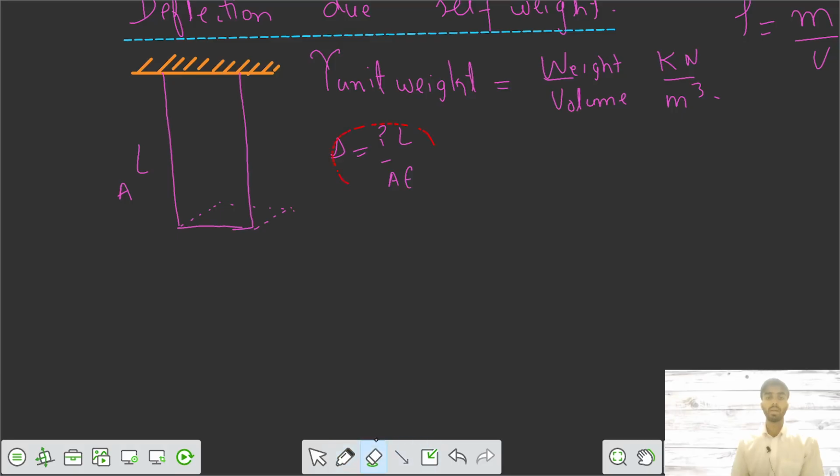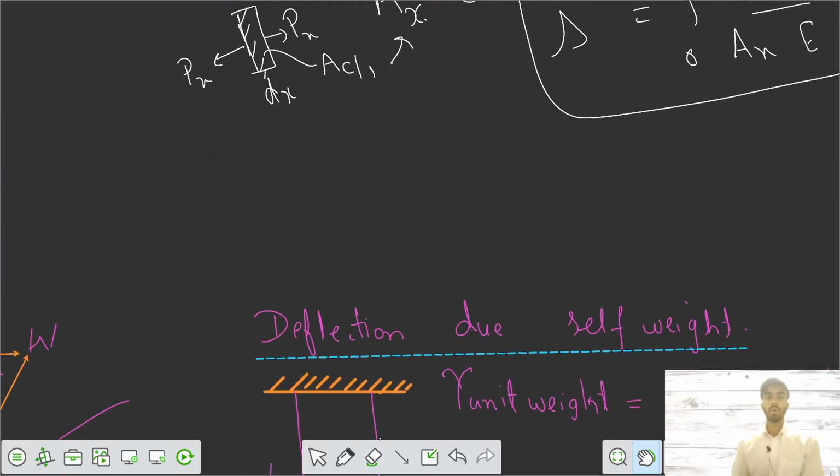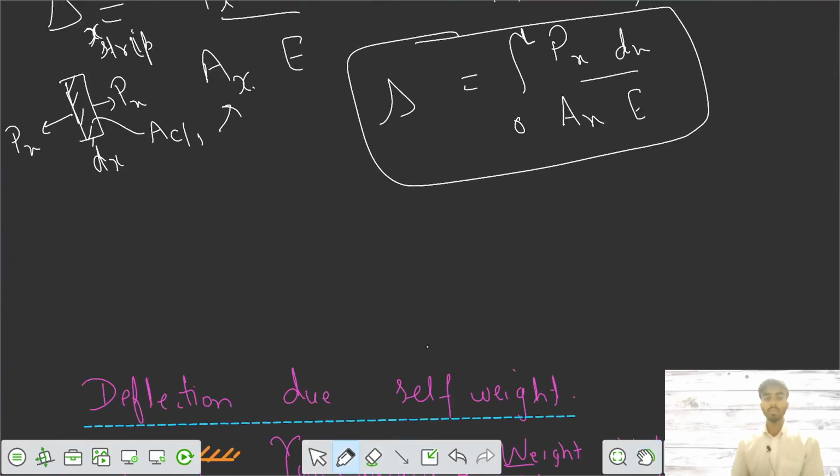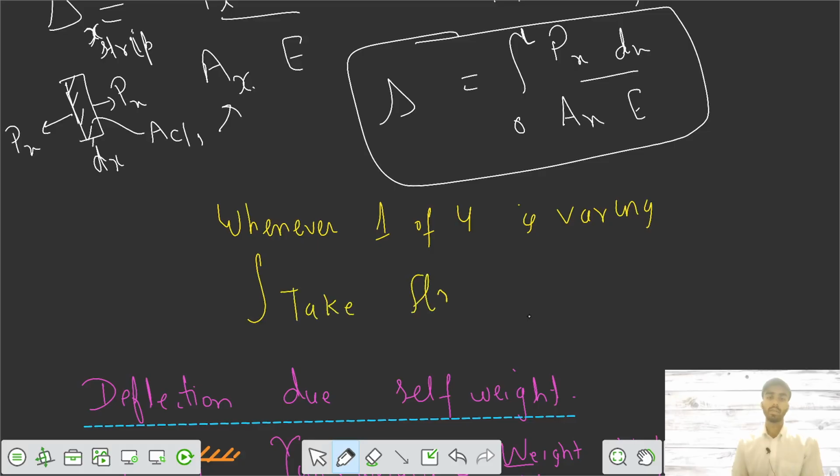You have to take a strip. This is important: whenever one of these four is varying, take strips, then do integration. A strip is a must, then you have to integrate.